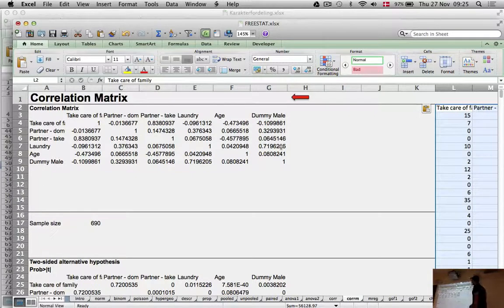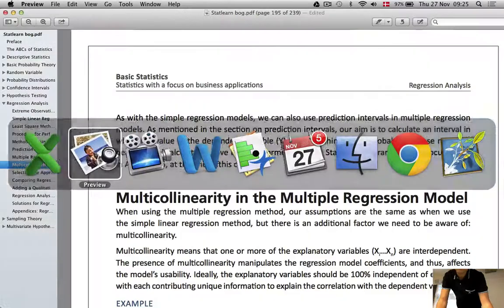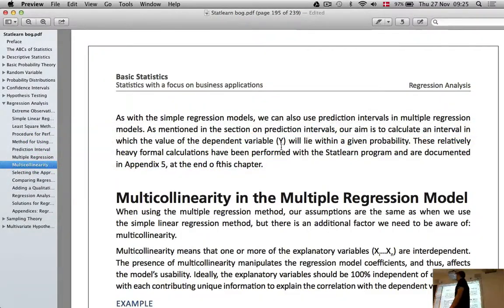So in this case, does it appear? Maybe I won't ask you that because I have something similar in the quiz. But you know what to check for, right? High positive correlation coefficients and low negative correlation coefficients. That's our rule of thumb.